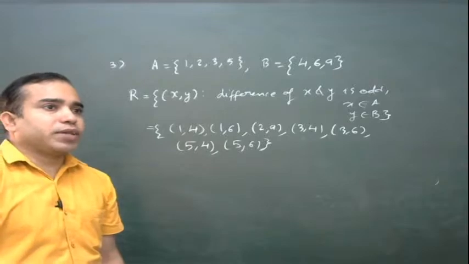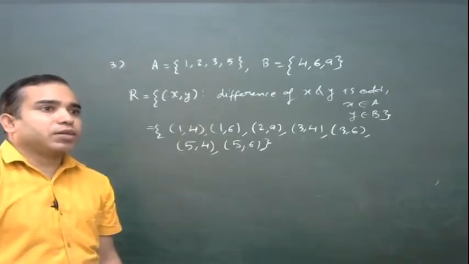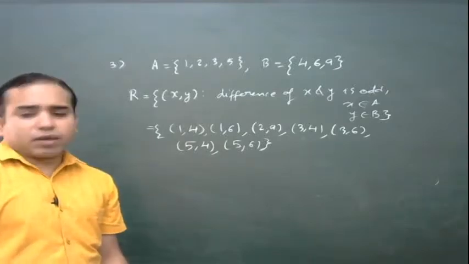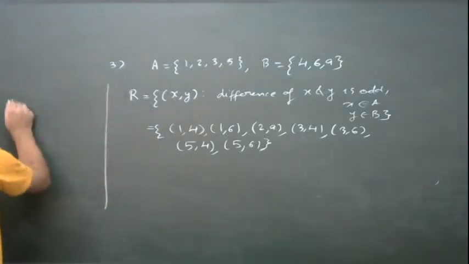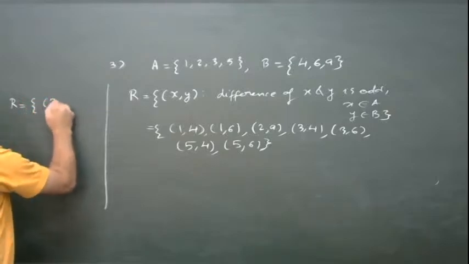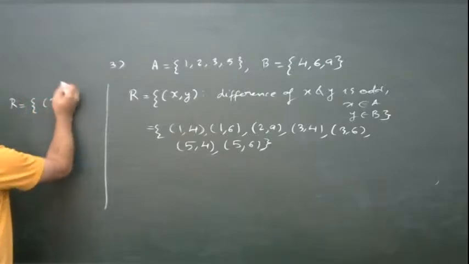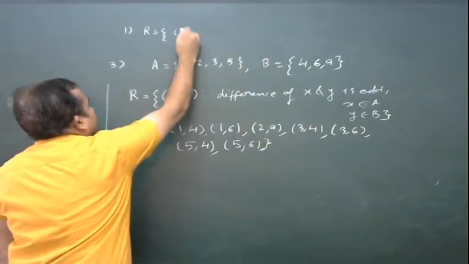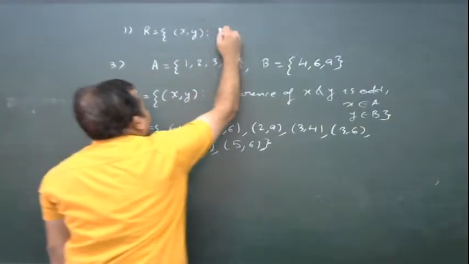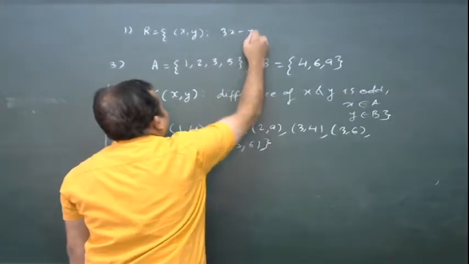Irshad requested that I repeat question number 1. Yes, question number 1 was R equal to the set of (x, y) such that 3x minus y equal to 0.